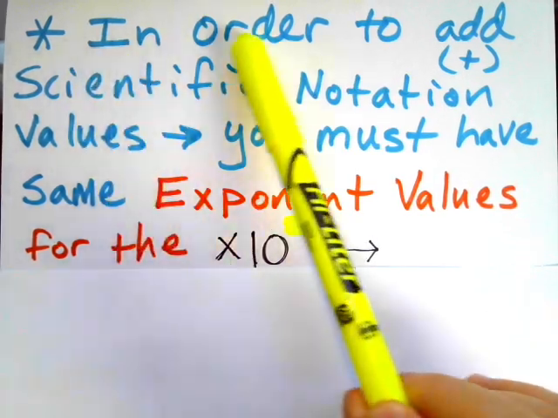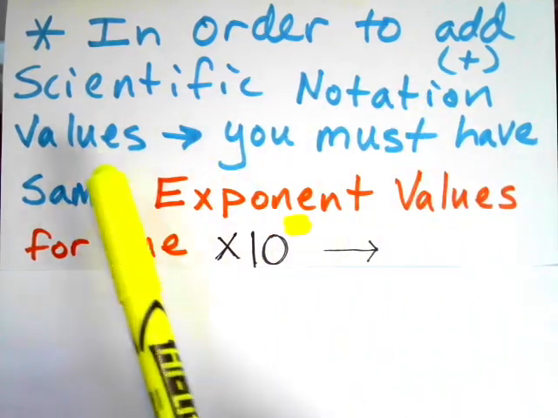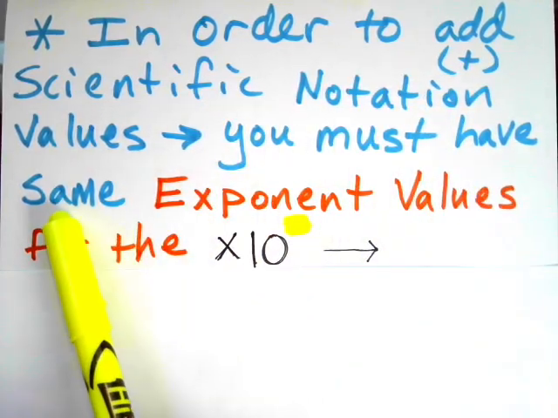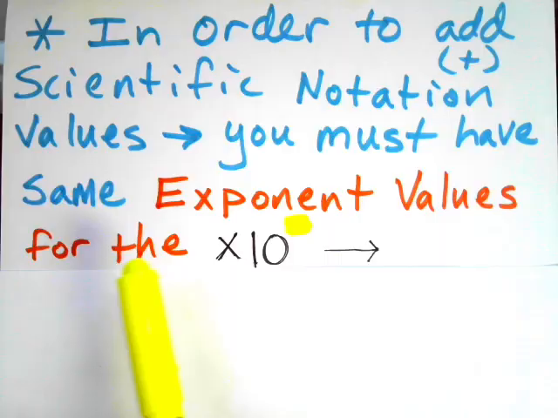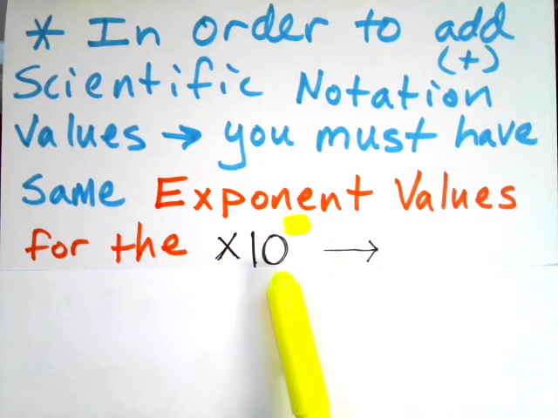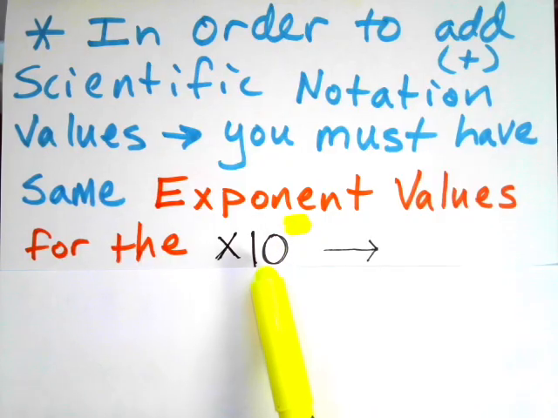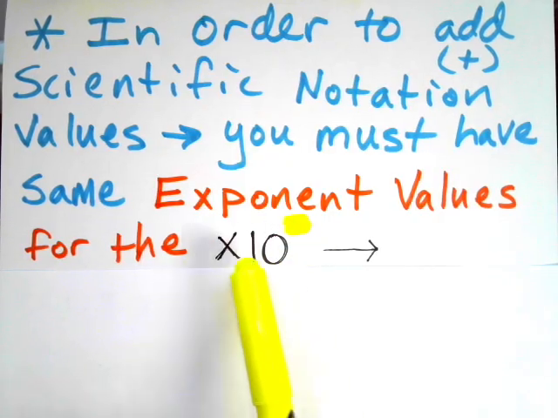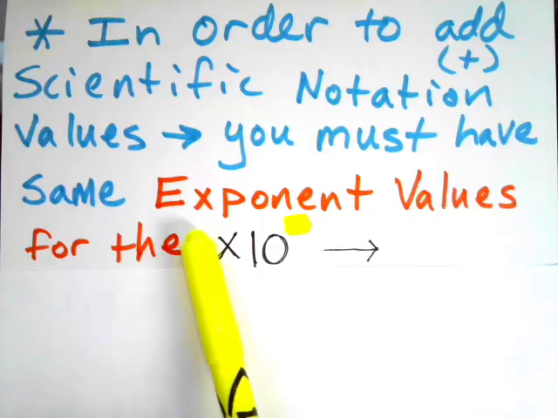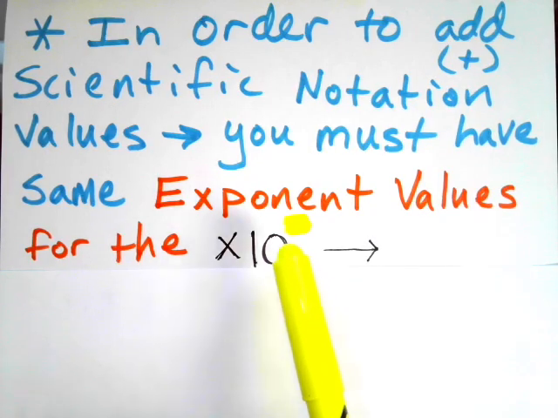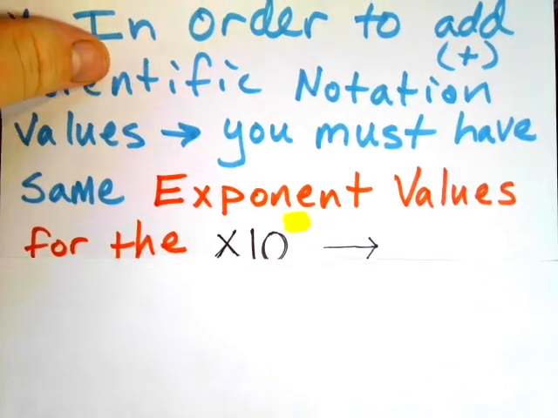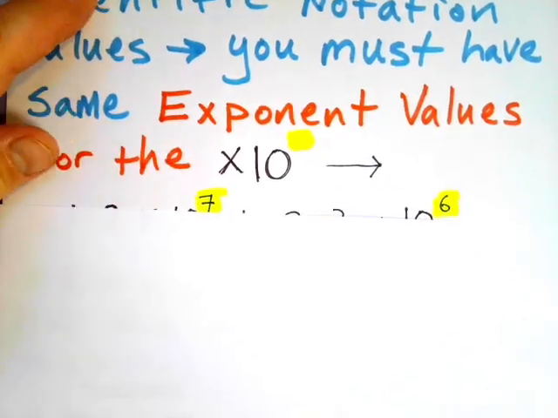So again, in order to add scientific notation values, you must have the same exponential values for the times 10 power. So the powers have to be the same with the times 10 value in order to add the numbers in front of the times 10, right? So that's like terms, right?